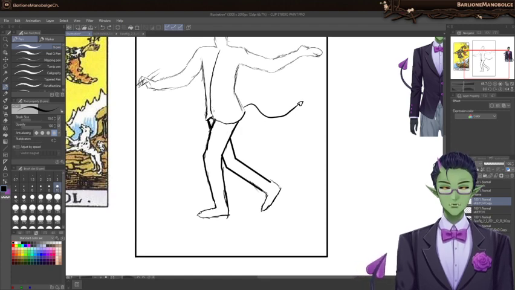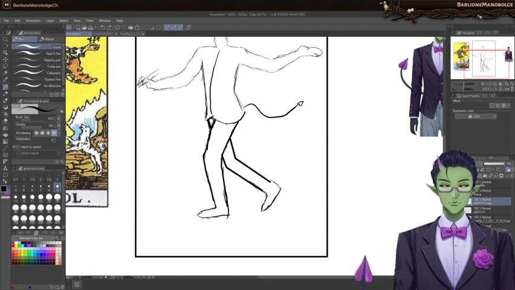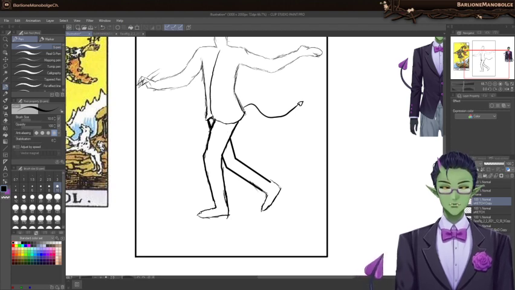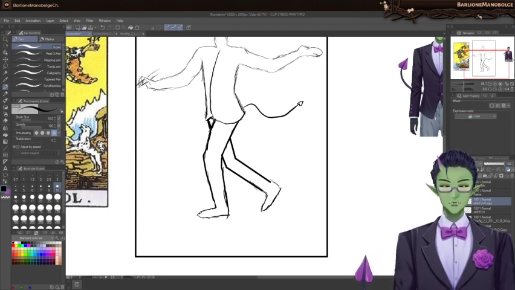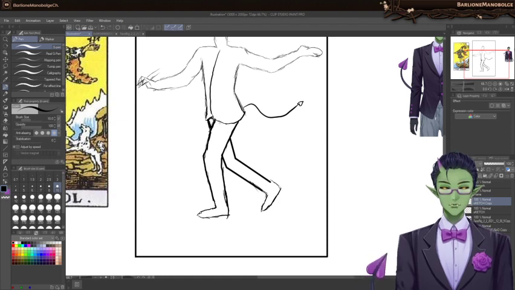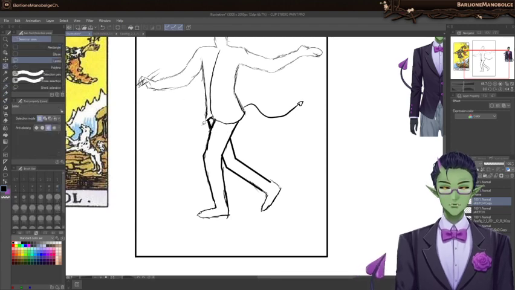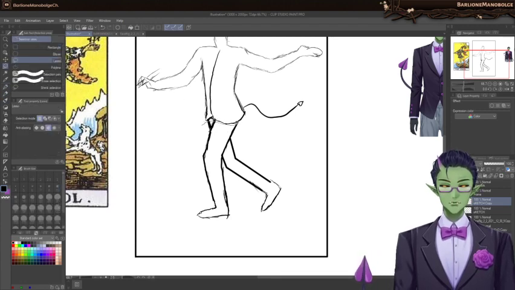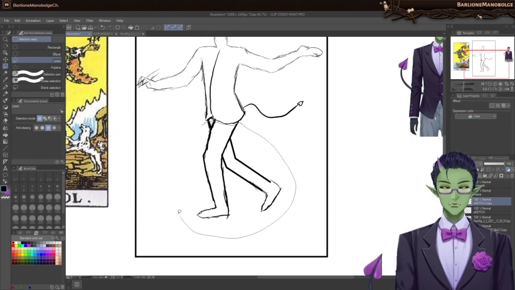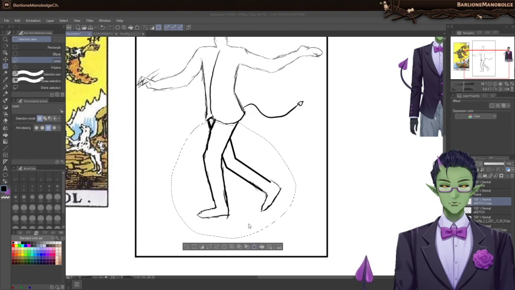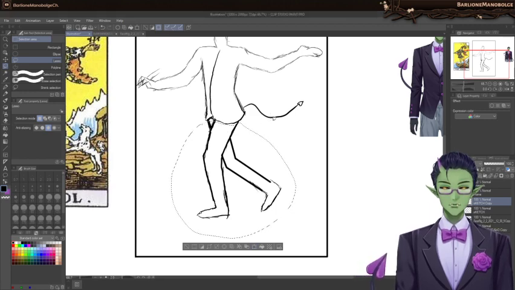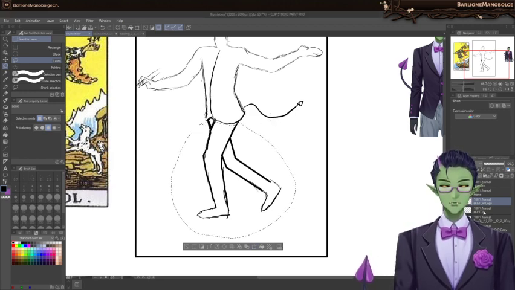Okay. Torso here. I think the waist should be here. I'm just going to pull my legs off. Drop them down a bit so that I can get the pelvis in. Not on the... oh.